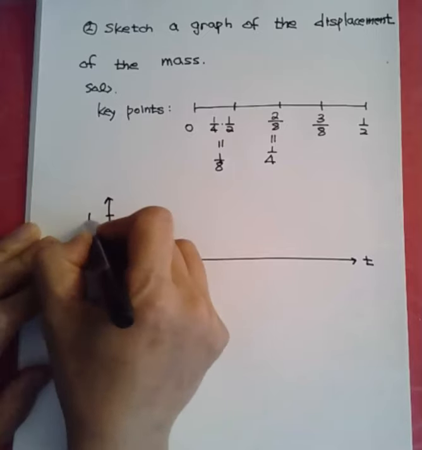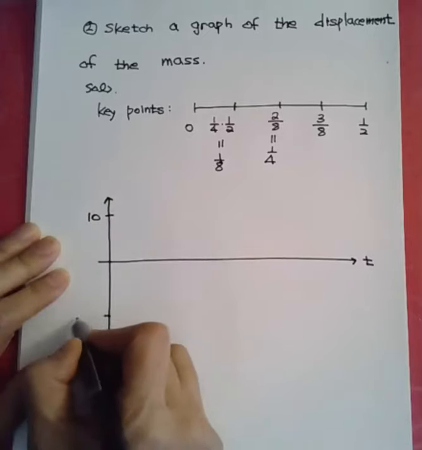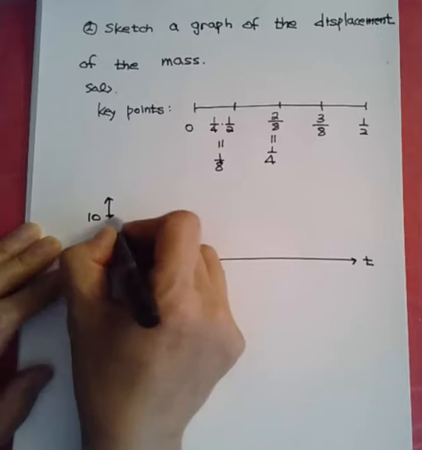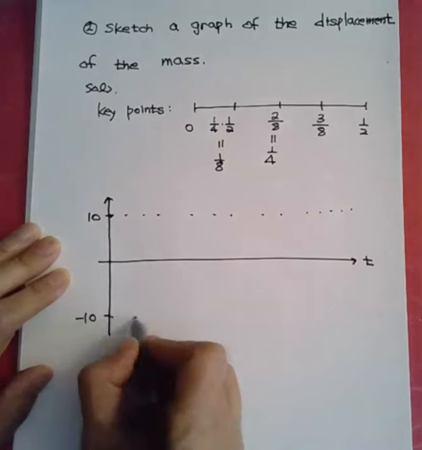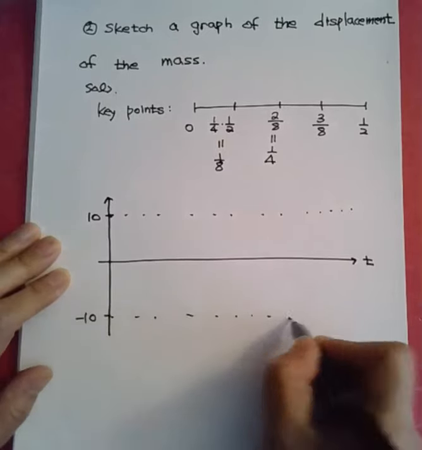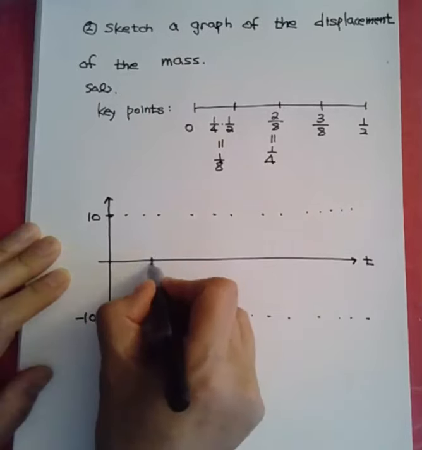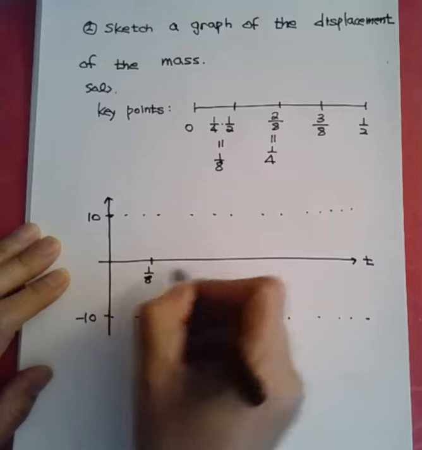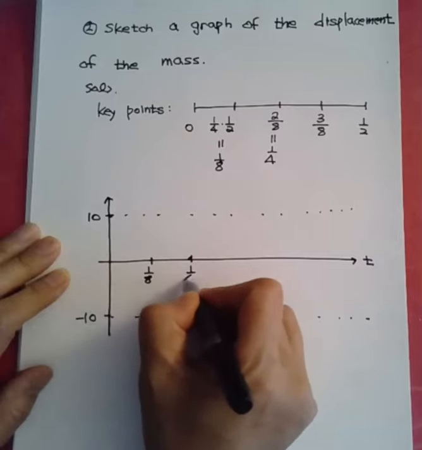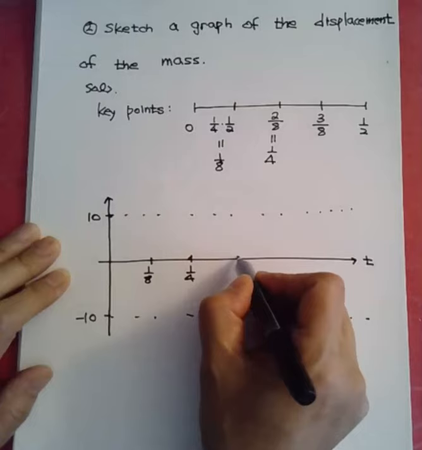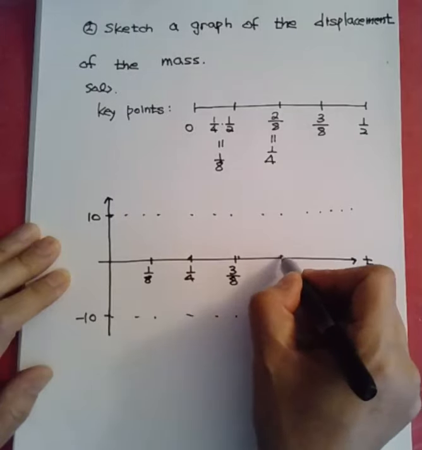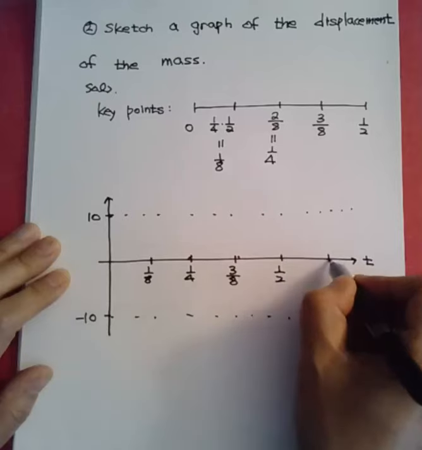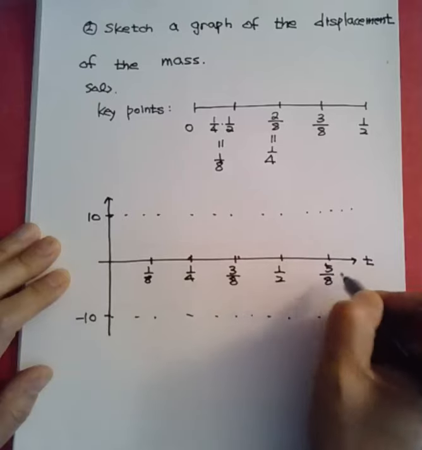So the maximum point will be 10 and the minimum point will be -10. So the first one is 1/8, the next one is 1/4, then 3/8, 4/8 is 1/2, and then 5 over 8.